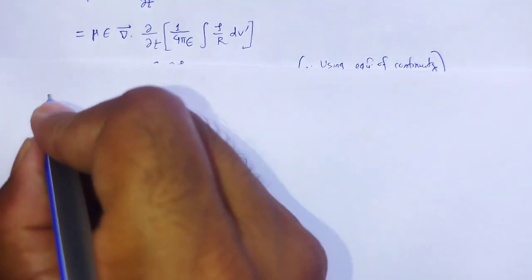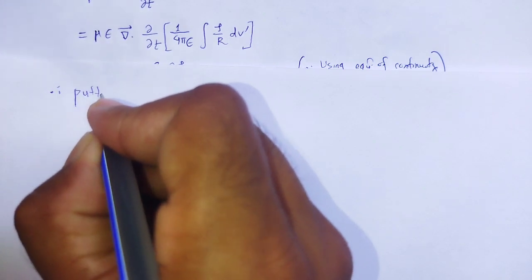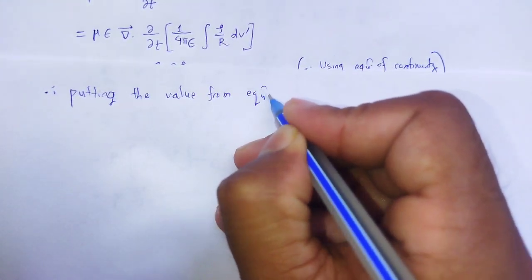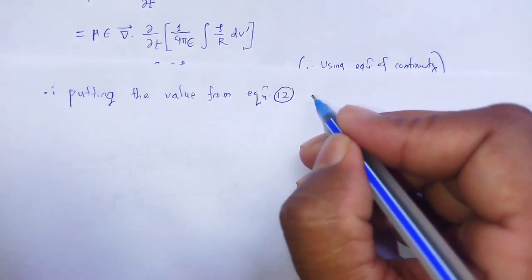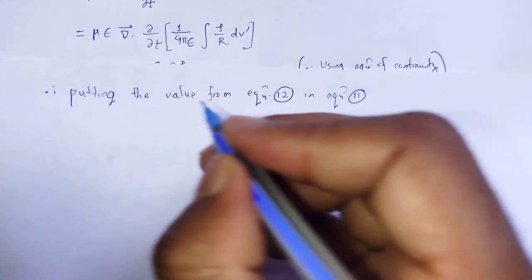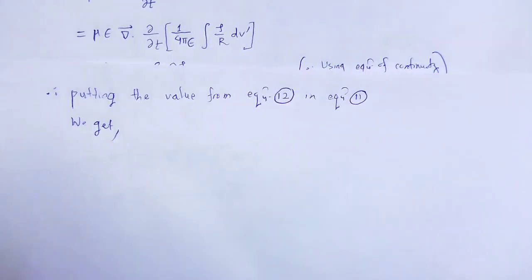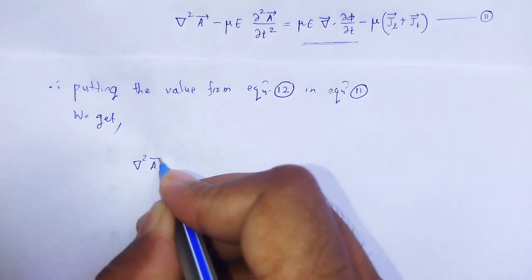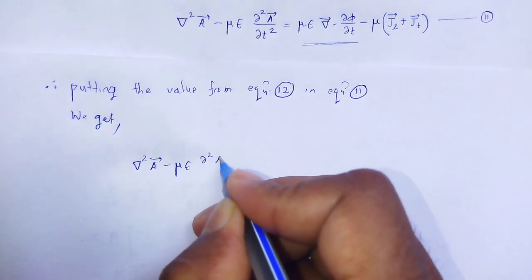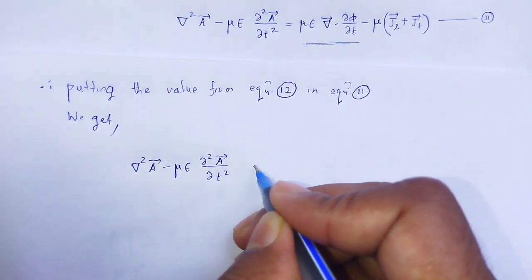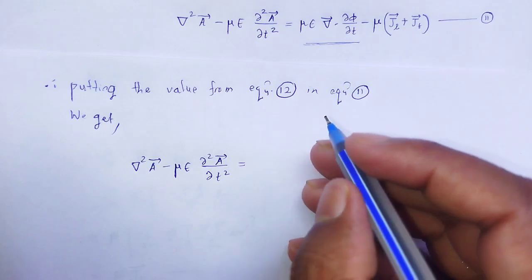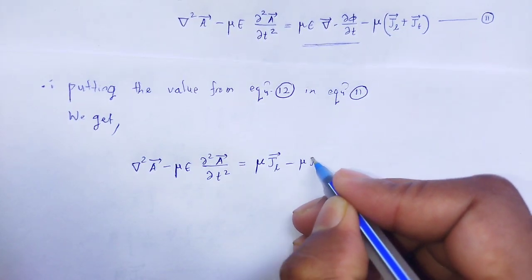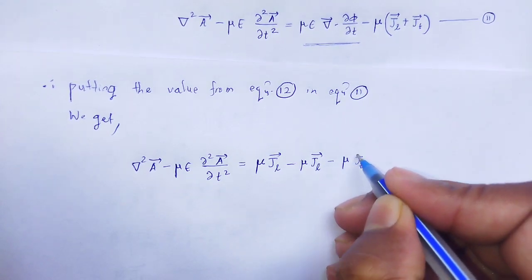Therefore, putting the value from equation 12 in equation 11, we get grad square A vector minus mu epsilon del square A by del t square is equal to, in place of that term, we use mu j l vector, minus mu j l vector minus mu j t vector.